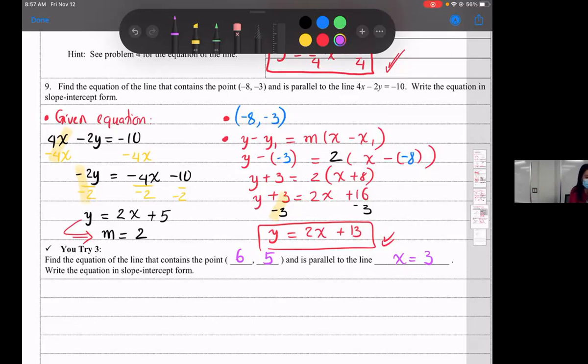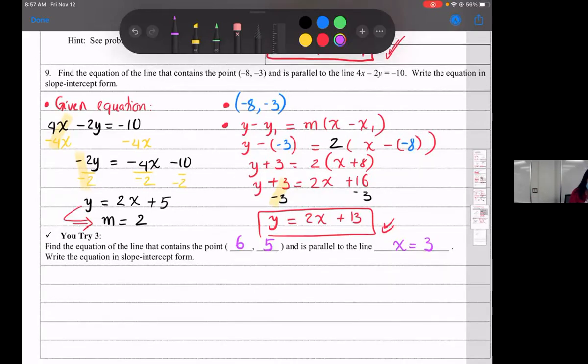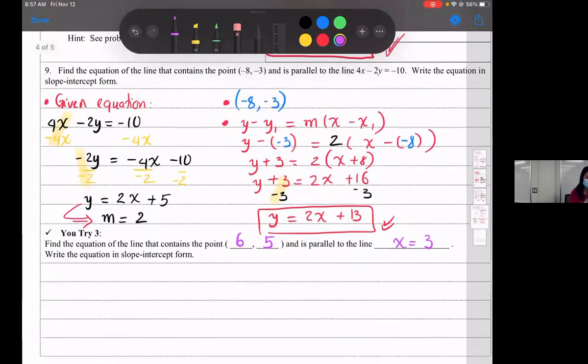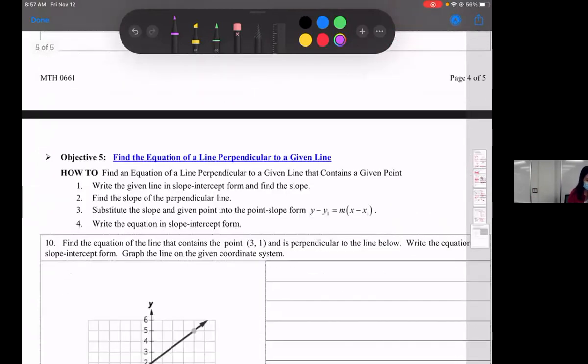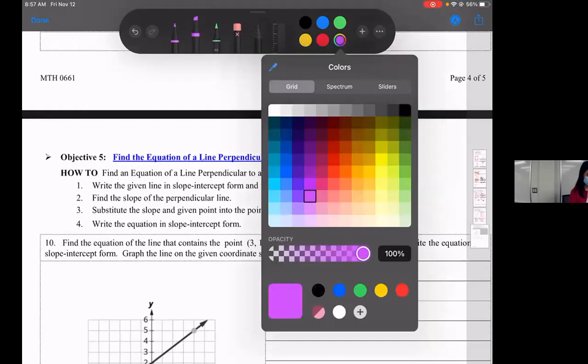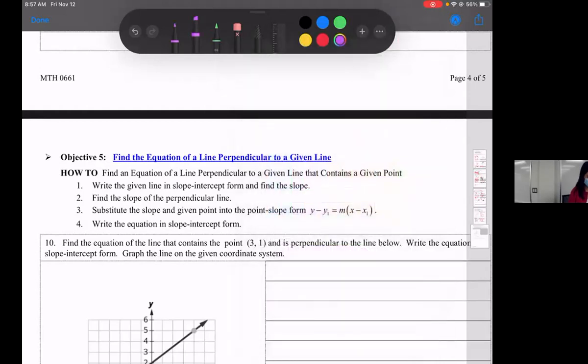So don't go yet. I still have one more objective, which is equally important. In the last one, find the equation of a line perpendicular to a given line. If it's perpendicular, what happens to the slopes of the two lines? Yeah, that's what I'm looking for.